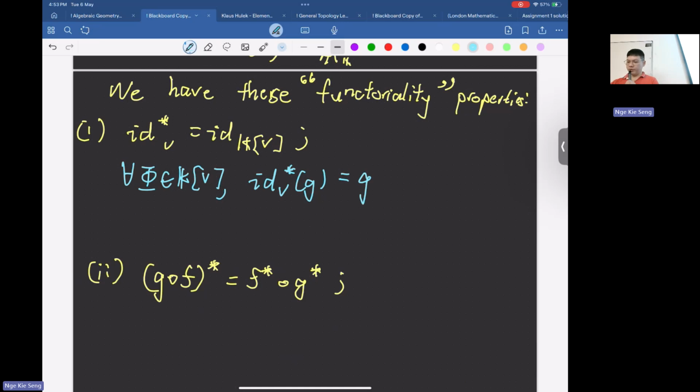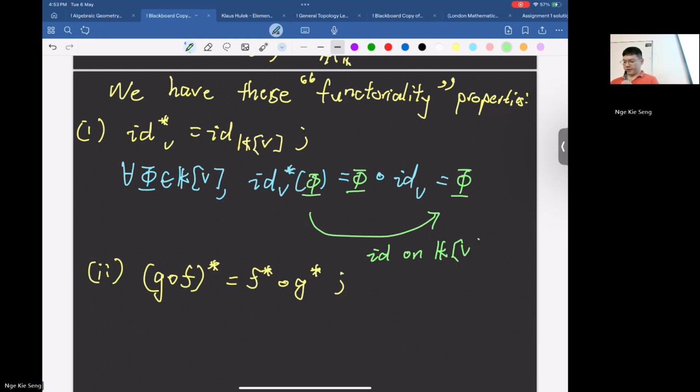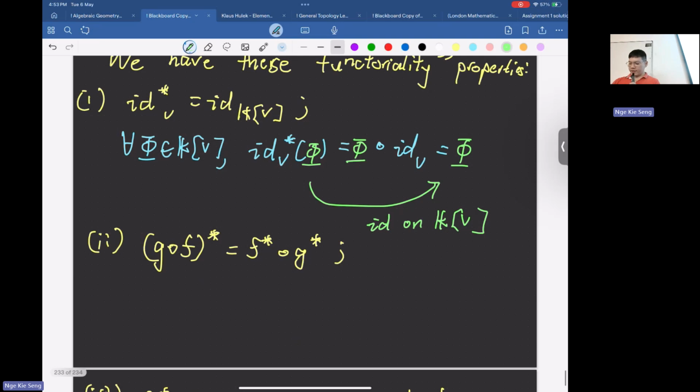It's just G pre-composed with the identity of V, which is just G. So you send G to G. Sorry, why am I using G here? I should use phi here. So it is the identity on KV, because you send phi to phi. How about the next one?